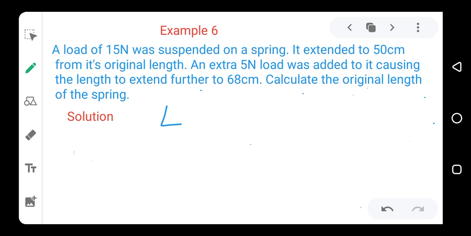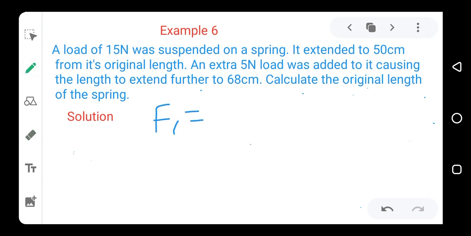Now we have L as the original length of this material, and when we add 15 Newton to it, the length goes to 50 cm. So let us say that for E1, we have F1, which is the first force.